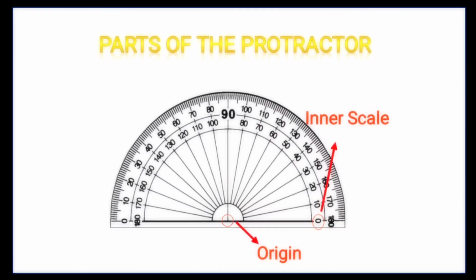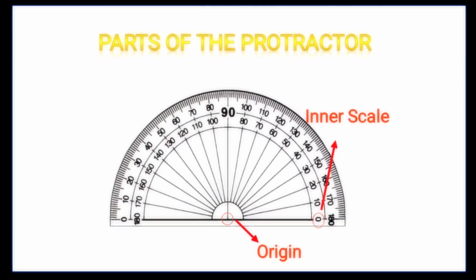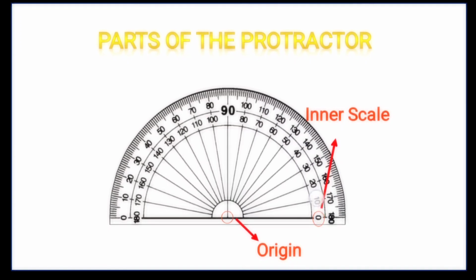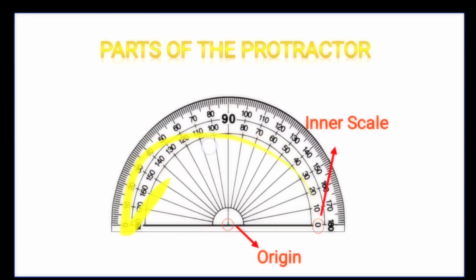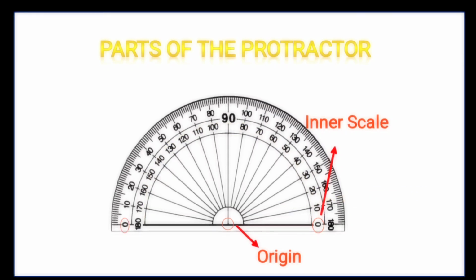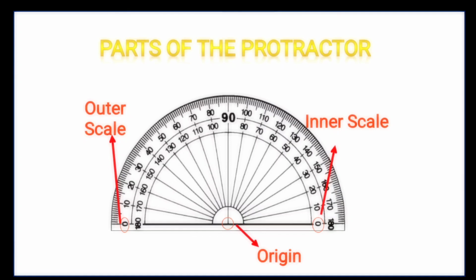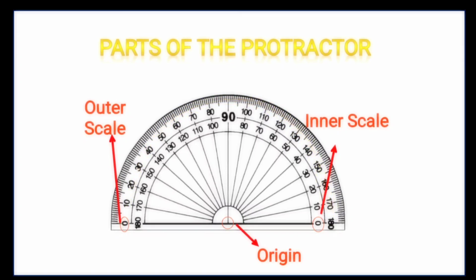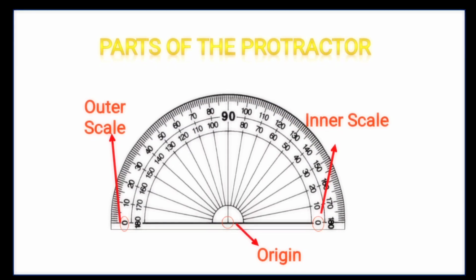That is the inner scale. Why inner scale? Because the values are at the inner part of the protractor. Then, that is the outer scale. So, these values are the outer scale because it is placed at the outer part of the protractor.